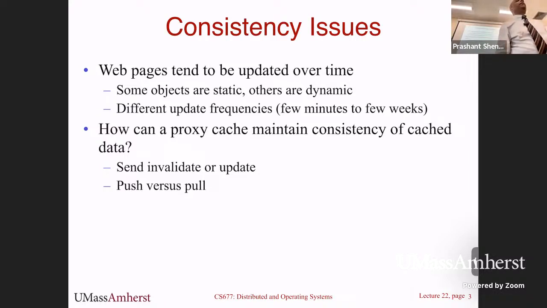The content creator might update the web page. Maybe it's a news website. Whenever news stories break, they're going to go update the website. So, whenever this happens, all the caches that cache this particular page are going to be stale because they now have an older version of the web page. And our goal is to avoid serving stale content from the cache to the end user.